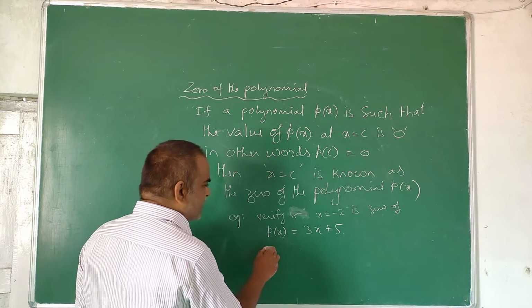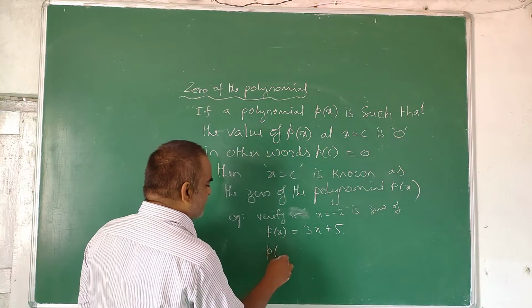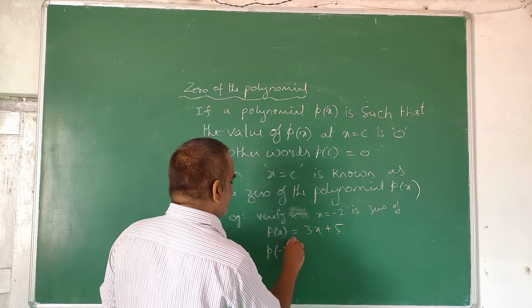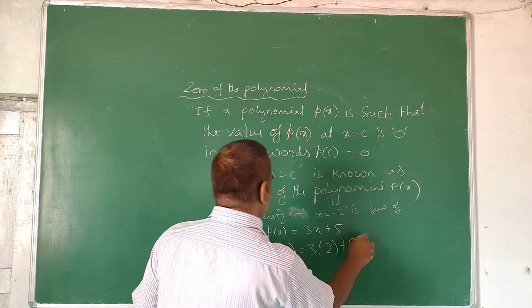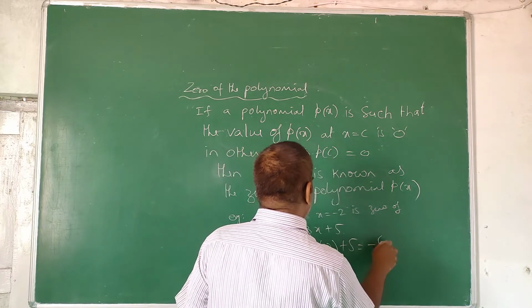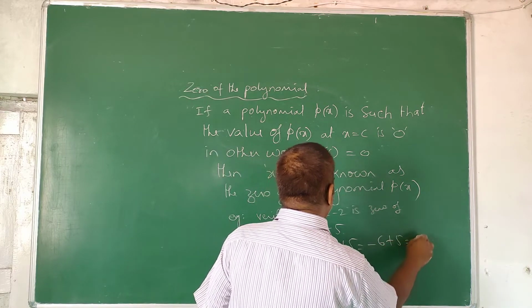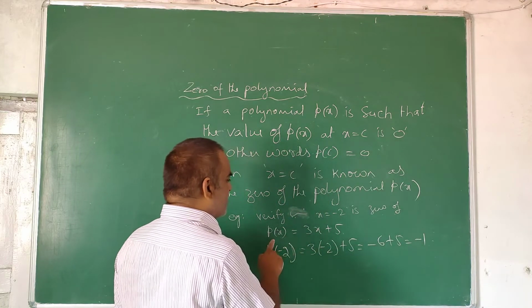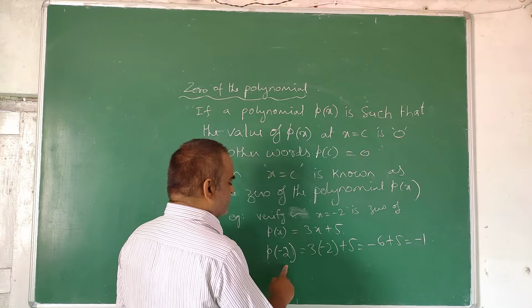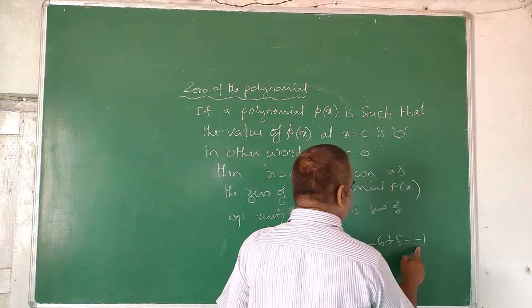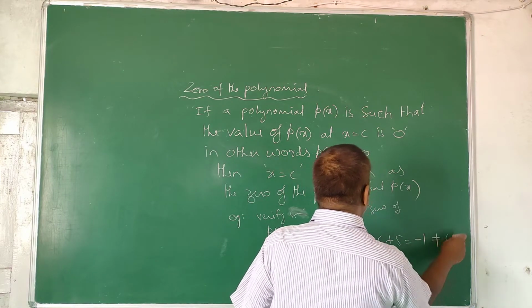How will you verify? You have to find p of minus 2. So p of minus 2 gives you 3 into minus 2 plus 5, which is equal to minus 6 plus 5, which is minus 1. The value of the polynomial p of x at x is equal to minus 2, which is p of minus 2, you got as minus 1, which is not equal to 0.